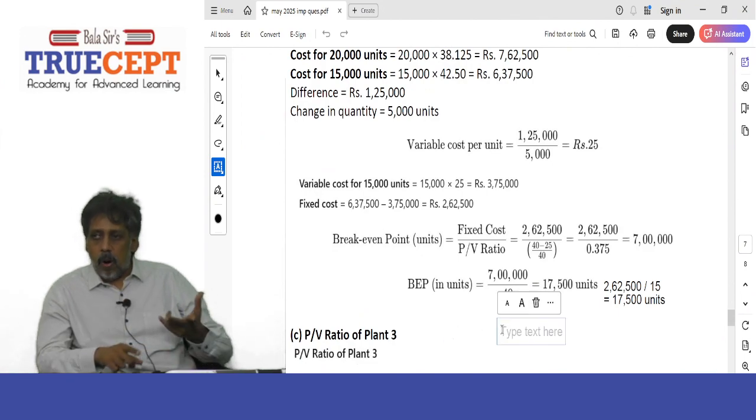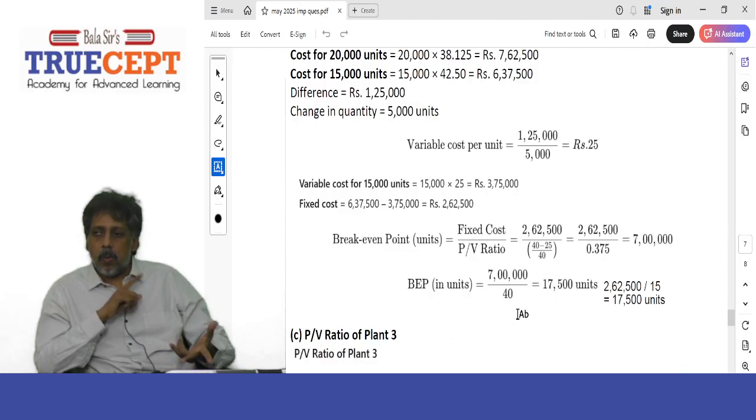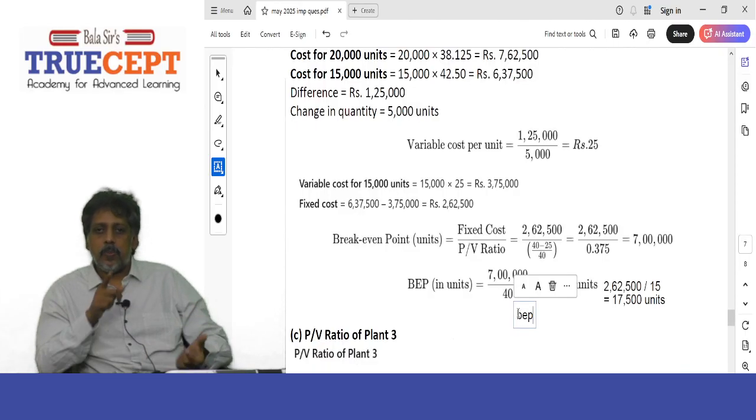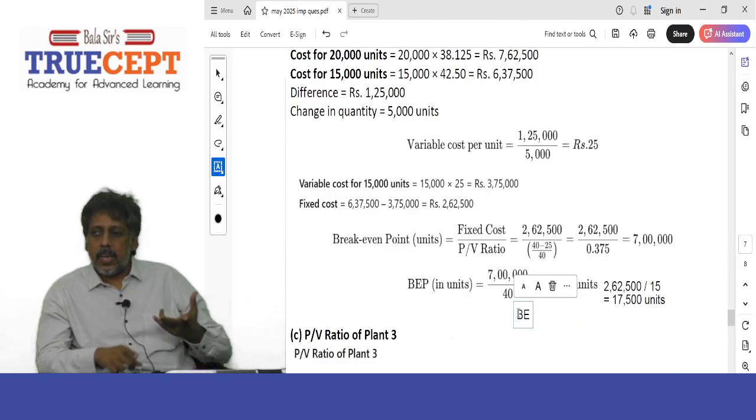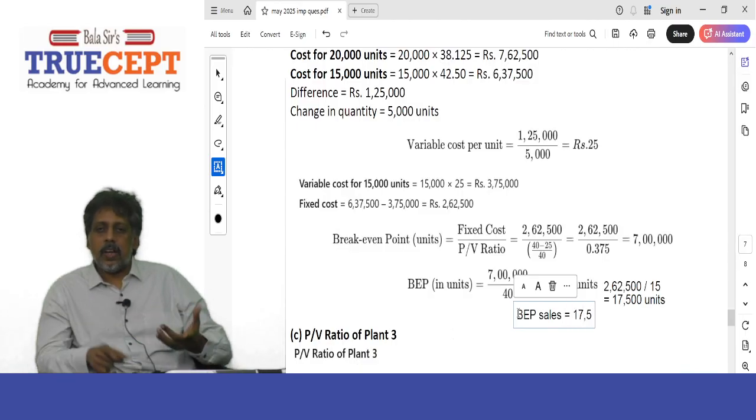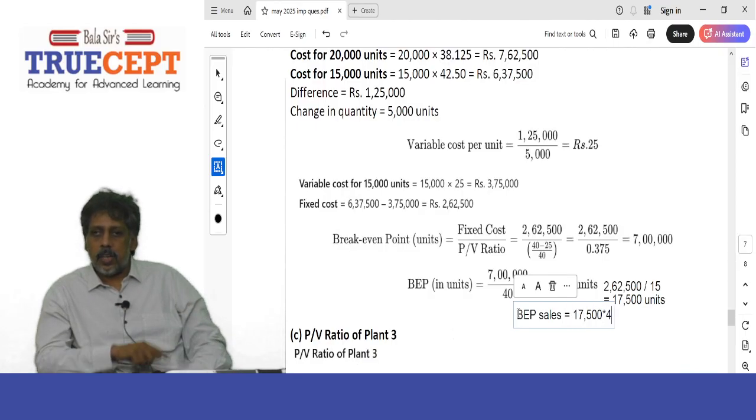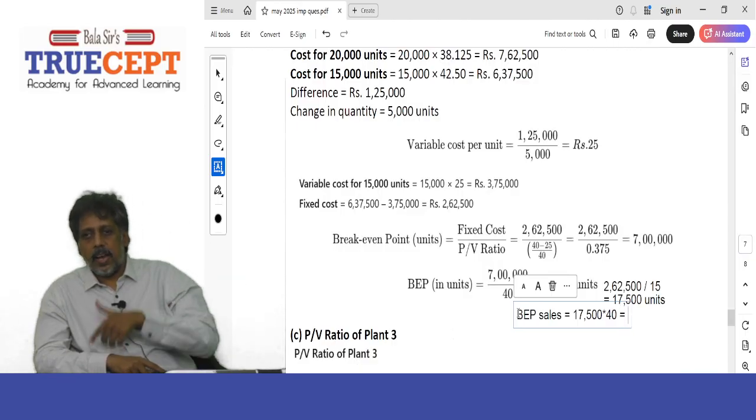That can be calculated first. And once you know the break-even point in units, multiplying it by the rupees 40 selling price per unit will give the break-even sales or break-even revenue, which is 17,500 units times rupees 40, so you get rupees 7 lakh. Is that fine?